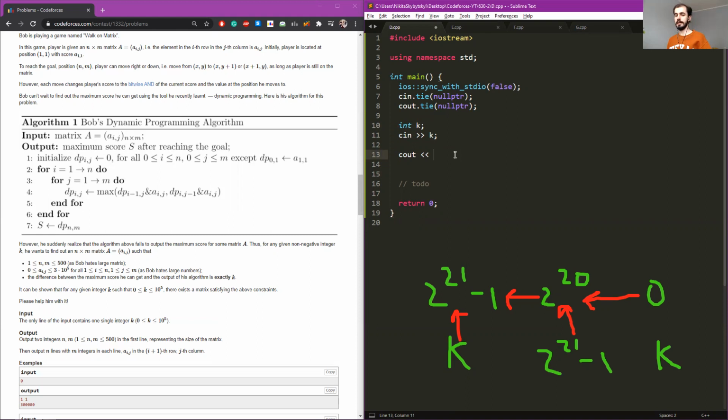N is the number of rows, M the number of columns.